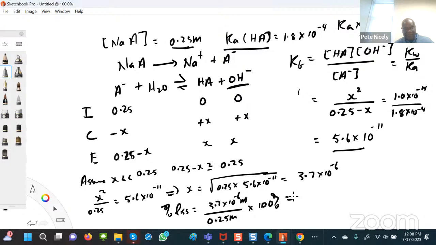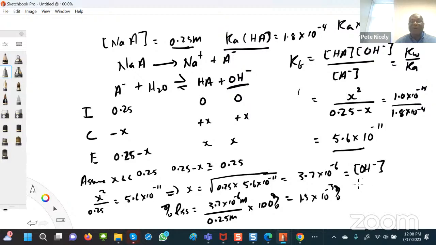So 3.7 times 10 to the minus 6 divided by 0.25 times 100, and the answer I got is 1.5 times 10 to the minus 3 percent. So therefore, we can say that X is equal to 3.7 times 10 to the minus 6, which is equal to the concentration of OH minus.